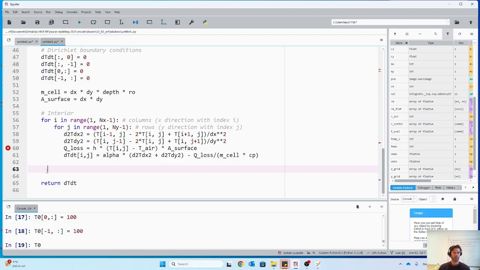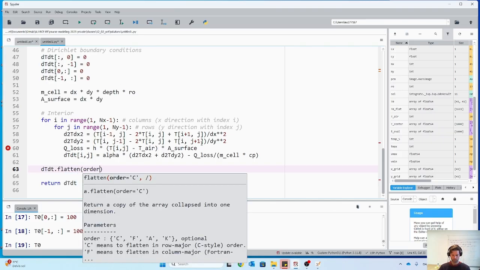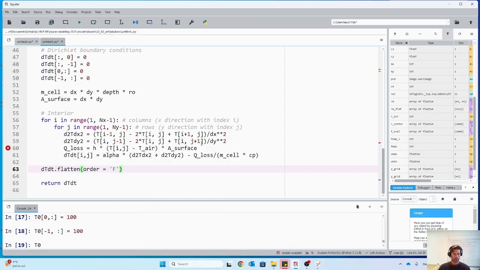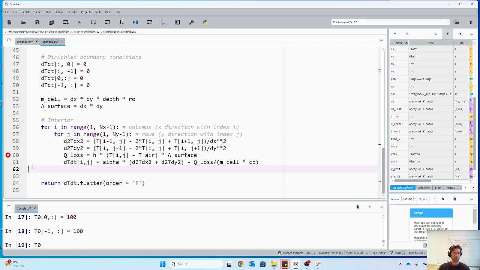So we have to flatten it again before we send it back to solve IVP. So we use the flatten function and use the argument order. The argument order equals f before we return it. And we can actually just put it directly down here in what we return, like this.